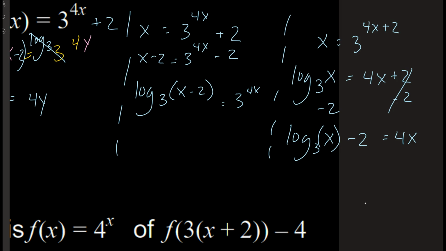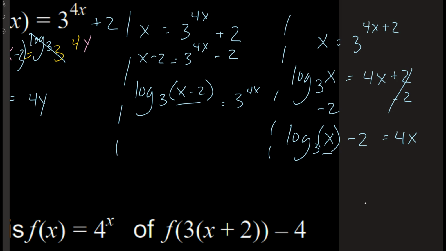Yes, because it's not being logged. Does that make sense? So you put a parenthesis around the x when whatever number is being logged? Being logged, yes. So here I put parentheses around x minus 2 because all of that is logged. And here I only put a parenthesis around the x, showing that only x is logged.